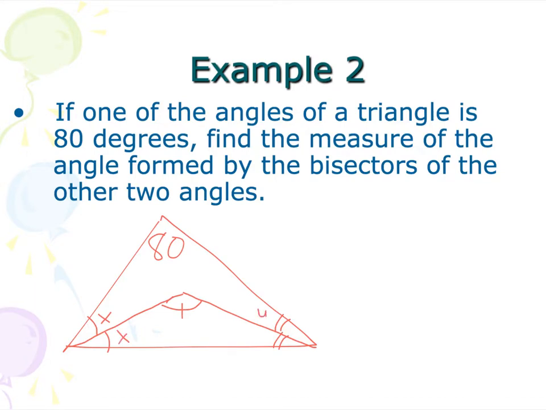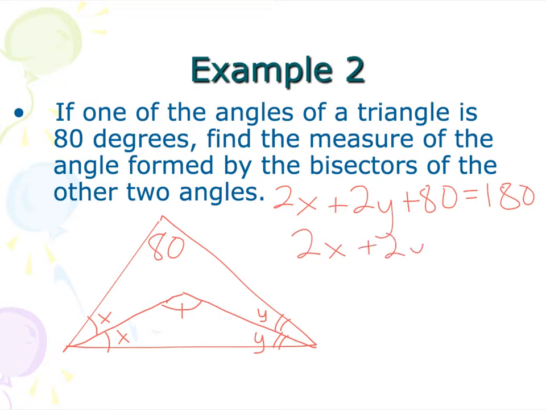And if this is y, then this has to be y as well, right? So, in other words, with this outer big triangle, I know that 2x plus 2y plus 80 is equal to 180. Adding up all my angles of the triangle should add to 180, right?